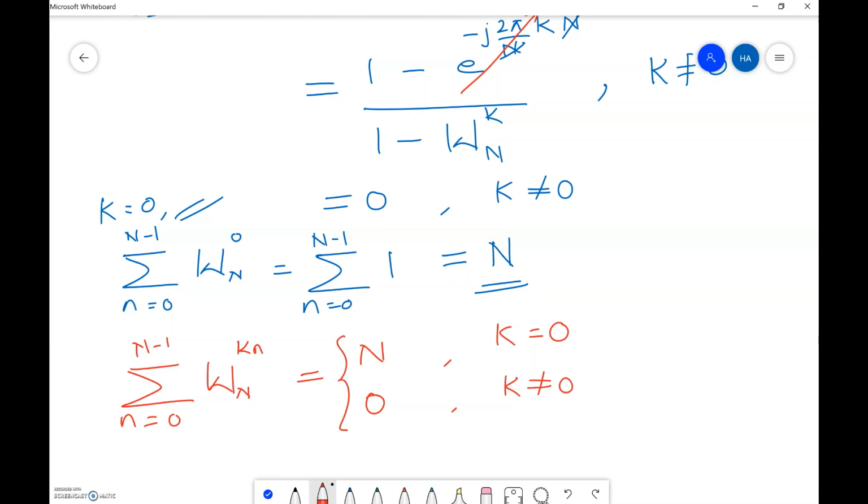So what function is this? It is an impulse function, right? It's an impulse function defined at k equal to 0. So that is N into delta of k. So we have proved the given relationship.